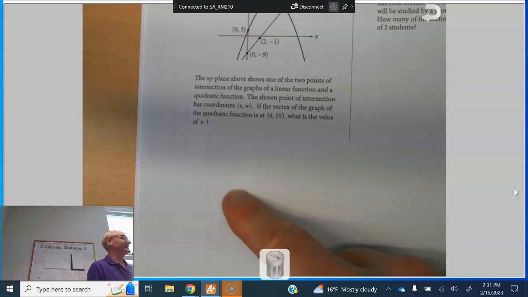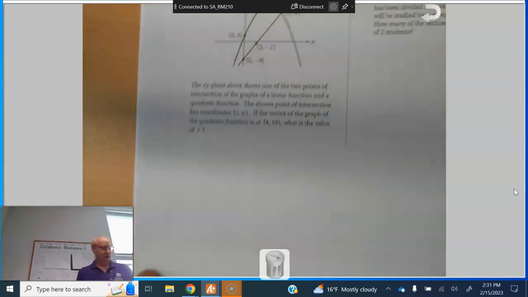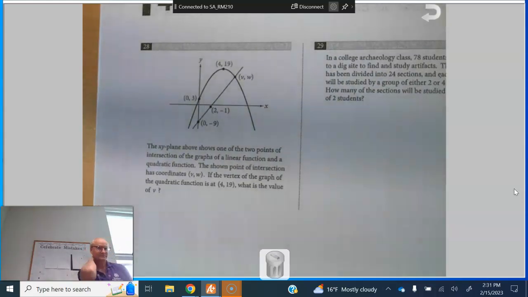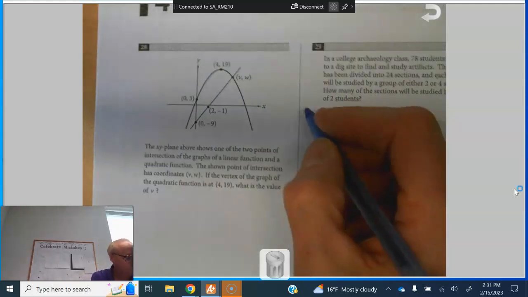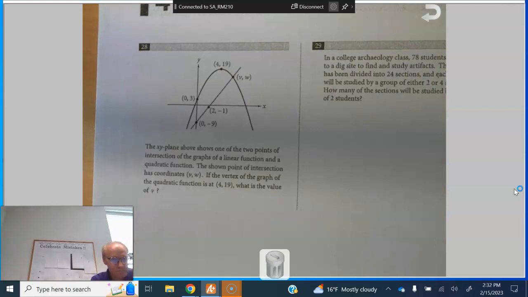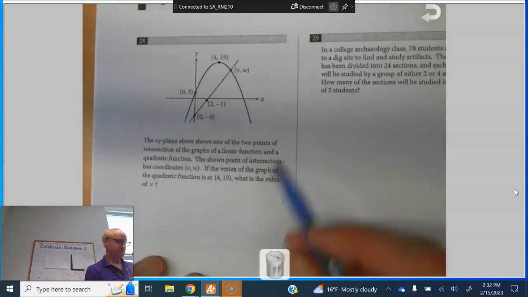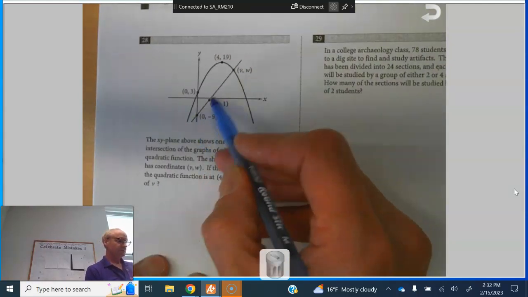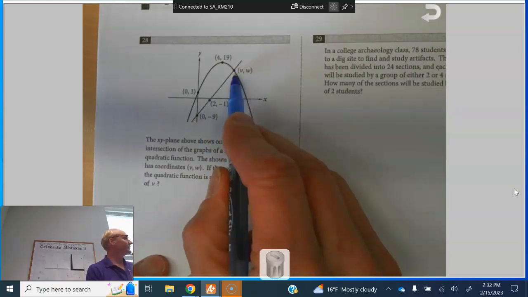If it was multiple choice, it would be pretty easy because we would just figure it out based on where it looks like. I need to know this exact value right here.